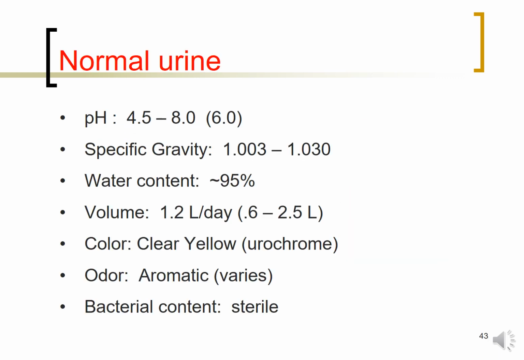Looking at normal urine, the pH is going to vary depending on what type of electrolytes have been secreted, from 5 to 8, with an average pH of 6. So 7 is neutral, so it's slightly acidic. Specific gravity is a measurement of density. The specific gravity of water at 25 degrees C is 1.000.